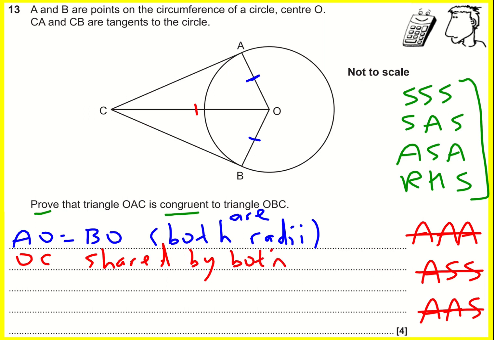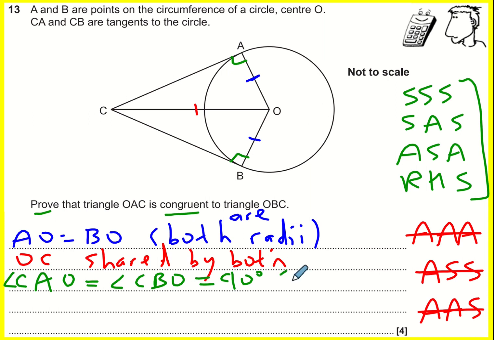And then one other thing I can write down is that this is a right angle. Angle CAO equals angle CBO equals 90 degrees.